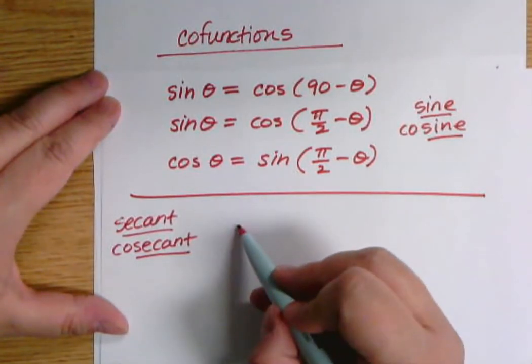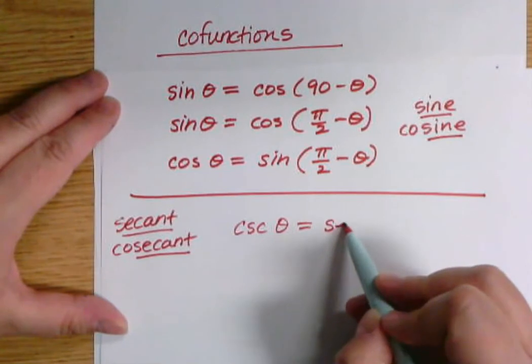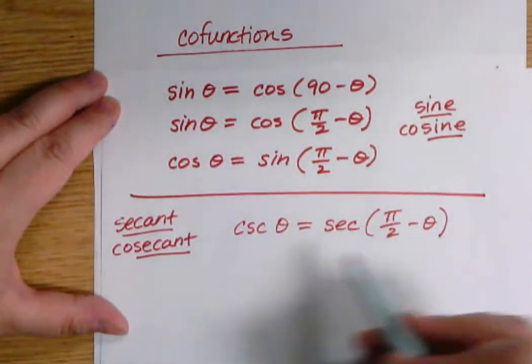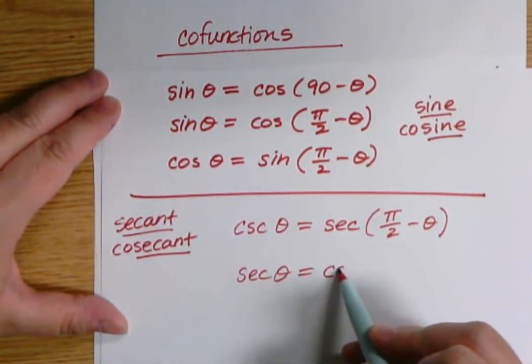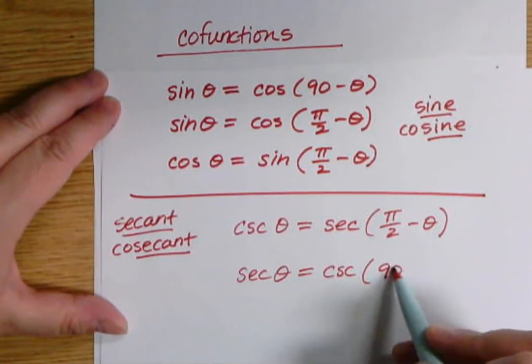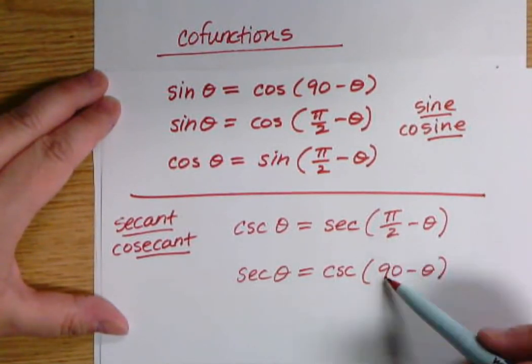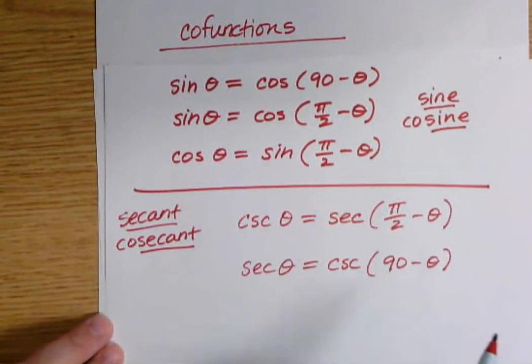If I have the cosecant of one angle, then that's the secant of that angle's complement. Or if I have the secant of an angle, that's the cosecant of that angle's complement. And I'm trying to use pi over 2 and 90 interchangeably. It does not matter which one it is because those two mean the same thing. So secant and cosecant are cofunctions.